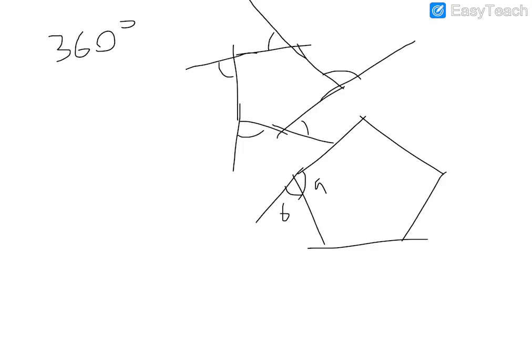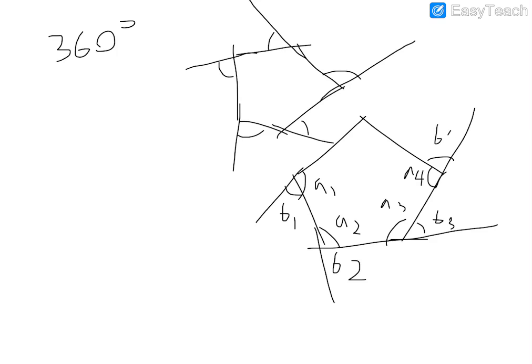So that means, let's say this is A1, B1. This is A2, B2, A3, B3, A4, B4, and this is A5, B5.